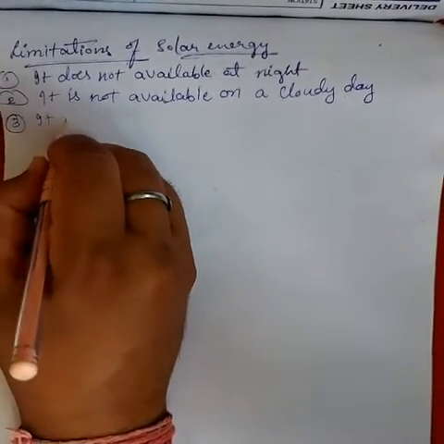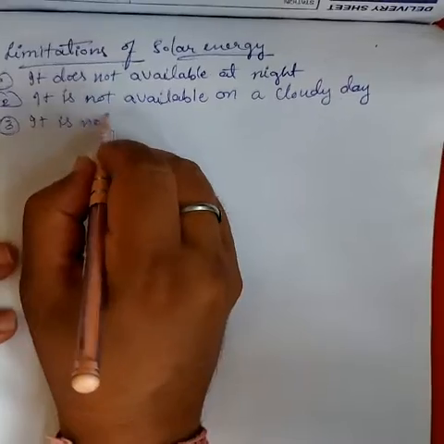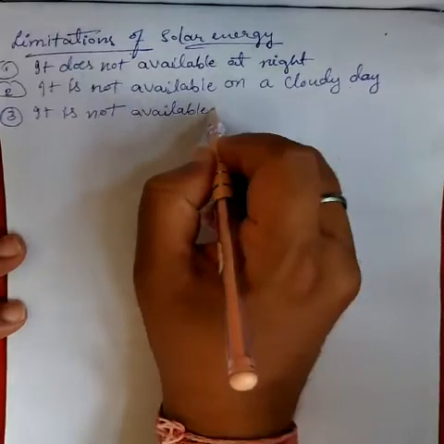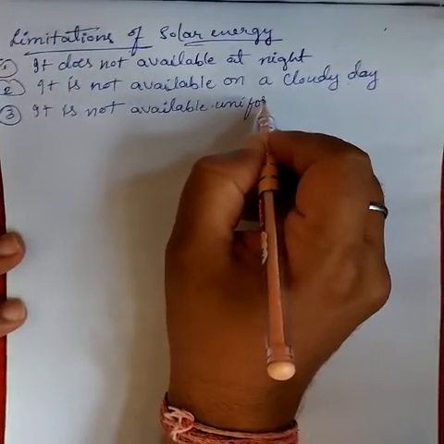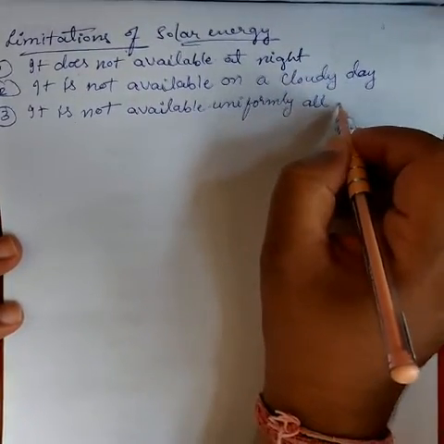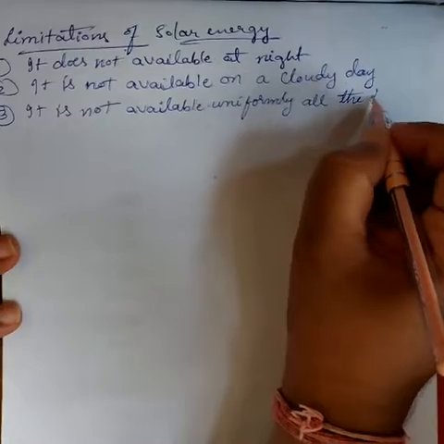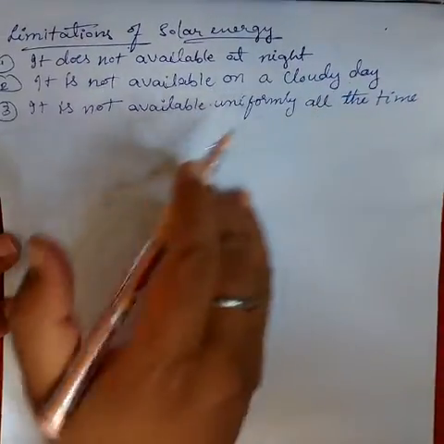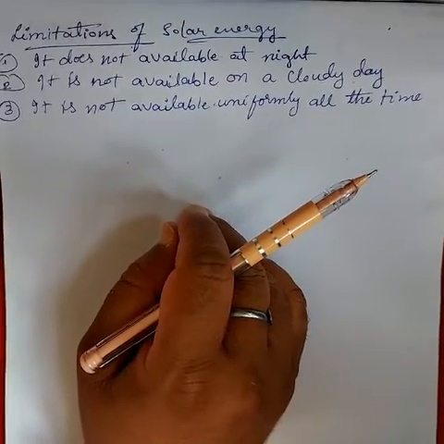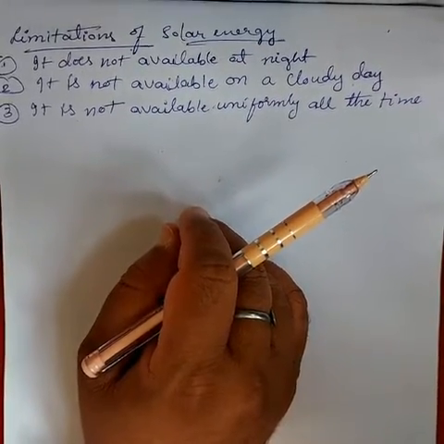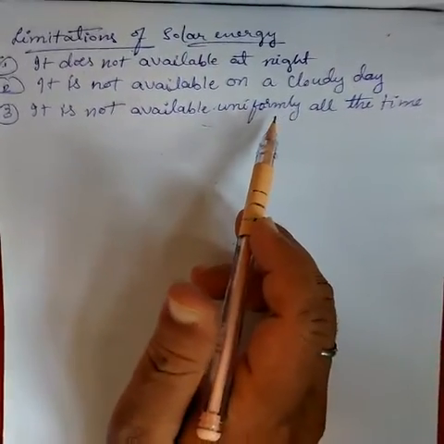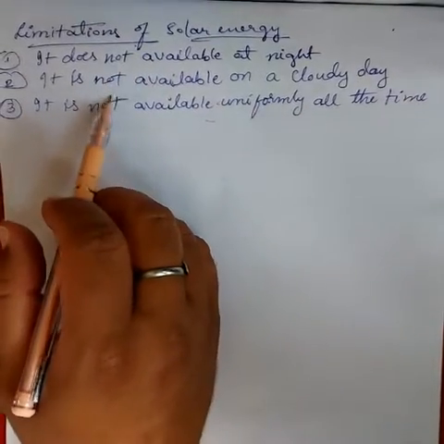Another is that it is not available uniformly all the time. At any place it sometimes becomes shaded, sometimes gives strong heat and light, and sometimes is not available. This is also a limitation of solar energy.